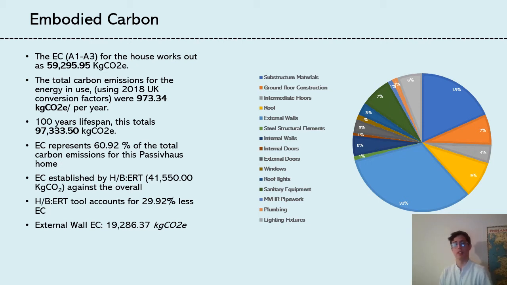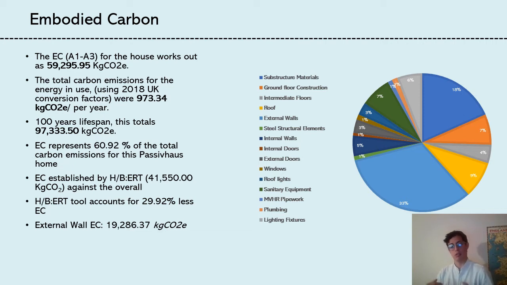We also modeled the house in Revit, using a plugin called Herbert that was developed by Hawkins Brown to understand the embodied carbon emissions.